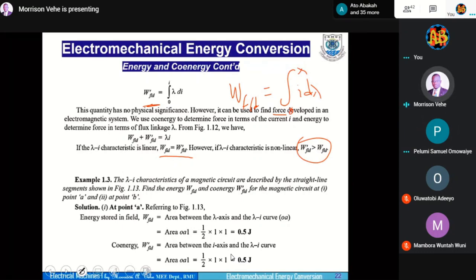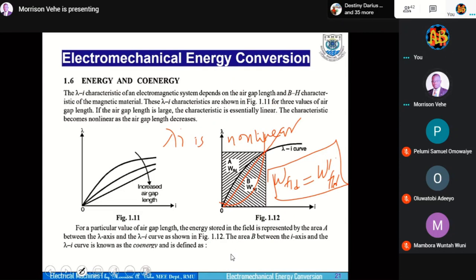Basically, like we are discussing, you have a situation whereby you have an air gap. We are looking at a situation where we are creating an increased air gap length, which is actually introducing a linear situation.